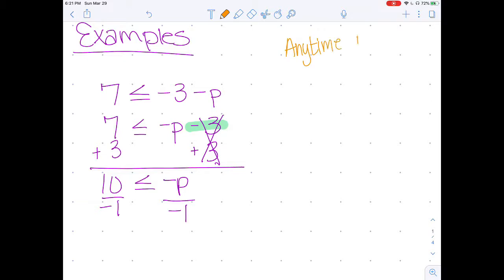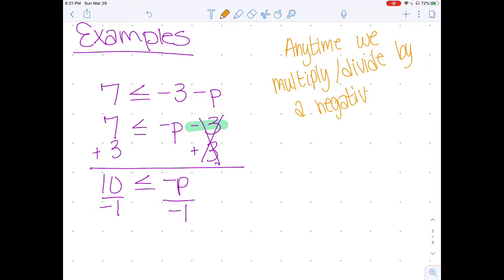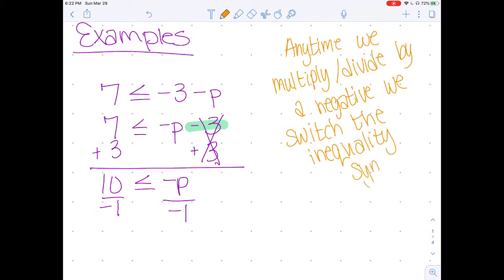Anytime we multiply or divide by a negative, we switch the inequality symbol. So that is very, very important.